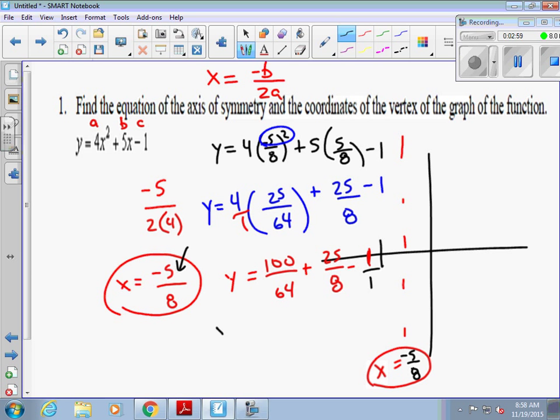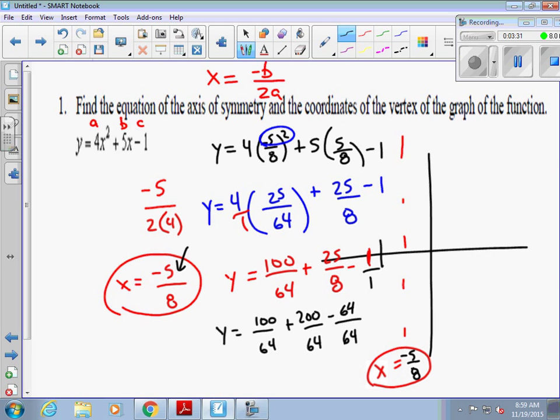So we have something that says y is equal to 100 over 64 plus, now we got to change this one. This 8 has to become 64. So we got to multiply it by 8 to get 64. So you have to multiply 25 by 8 as well. Well, we know 4 25s makes up 100, so 8 of them must make up 200. So 200 over 64 minus 1 over 1 is going to become minus 64 over 64.